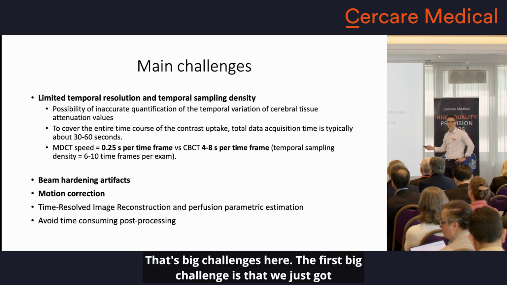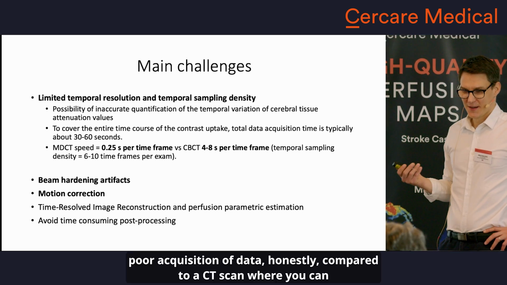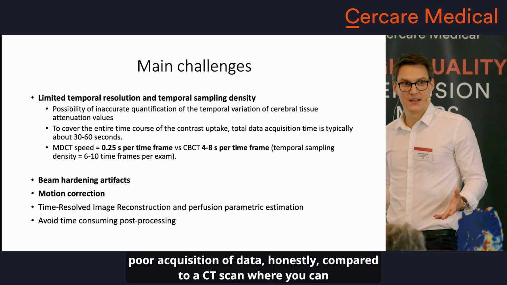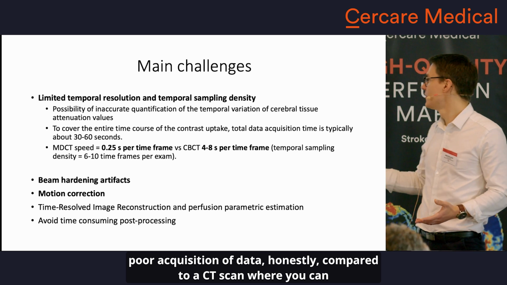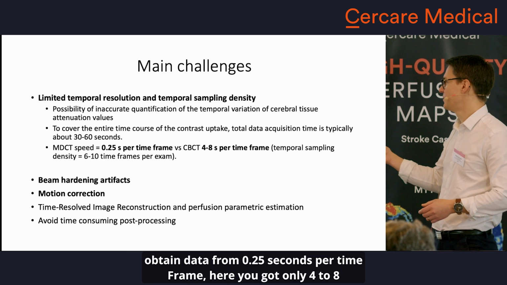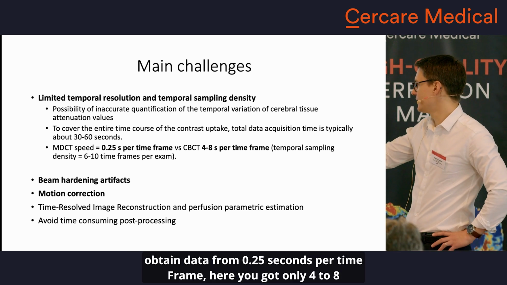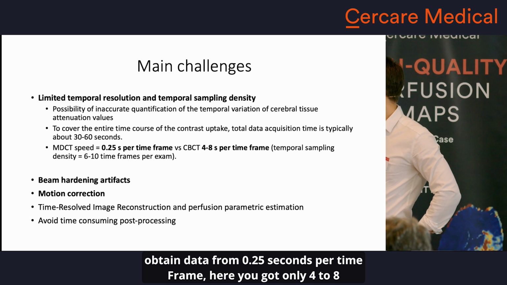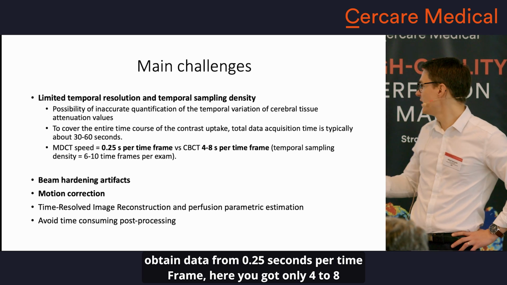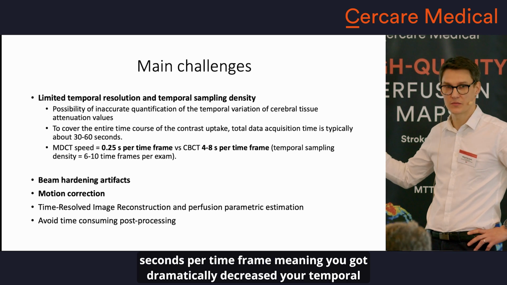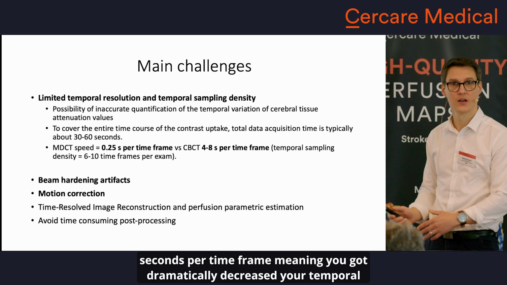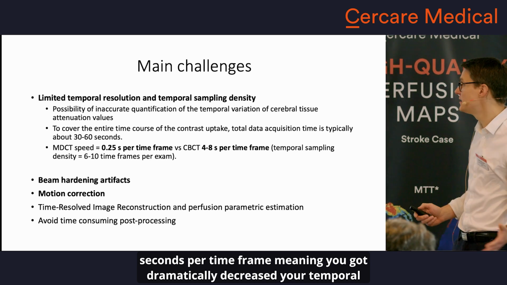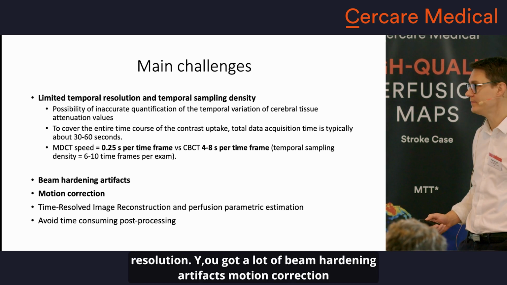There are big challenges here. The first big challenge is that we just got a poor acquisition of data, honestly. Compared to a CT scan where you can obtain data at 0.25 seconds per time frame, here you got only 4 to 8 seconds per time frame, meaning you dramatically decreased your temporal resolution.